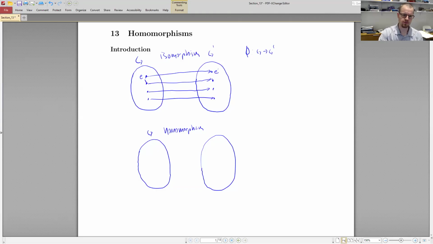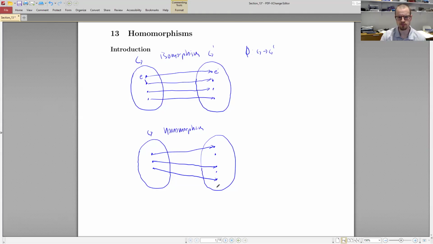For a homomorphism, you could have fewer elements here than you have over here. And so you could map something like this. I think I put too many elements over there. We'll look at the relationship between the number of elements shortly here.